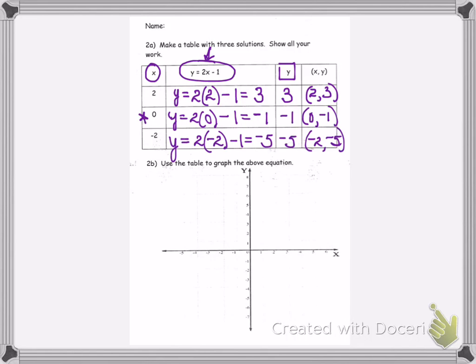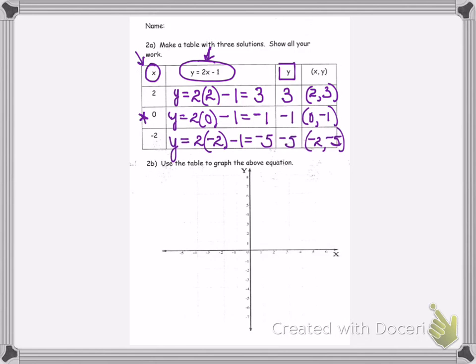It doesn't always have to be those values, and I don't want you to think that there are only 3 solutions to this linear equation because there are an infinite number of solutions. You could plug in anything for x and find an ordered pair with y. Some of them will be decimal answers and fractional answers, and that's okay, but I'm going to teach you some strategies to avoid decimal and fractional answers for y.